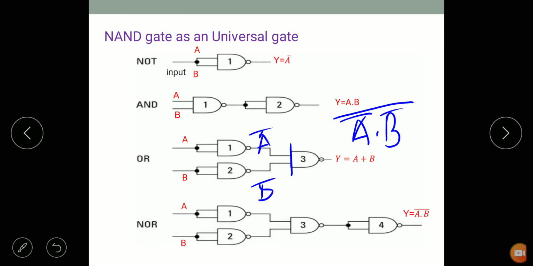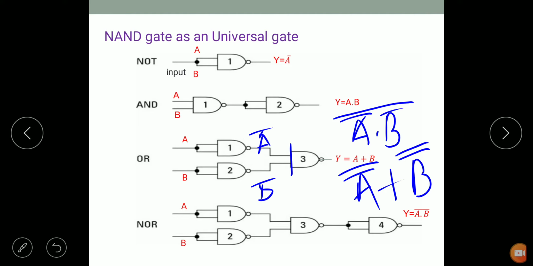You know De Morgan's theorem: the dot is replaced by plus, and the individual elements are complemented. The complement of A bar is A, and the whole bar is converted into a single bar. Likewise B bar whole bar is converted into a single bar.